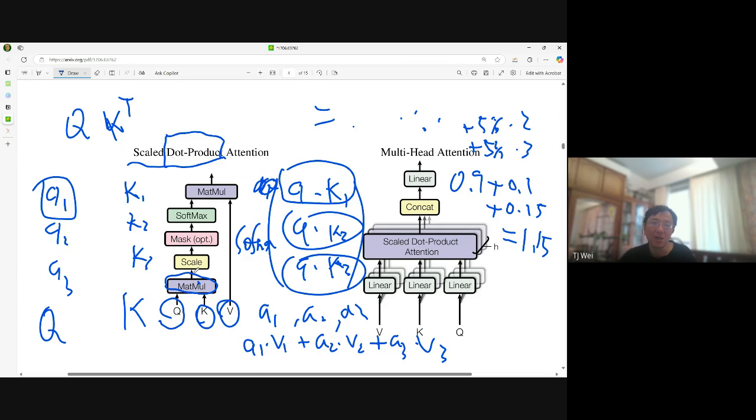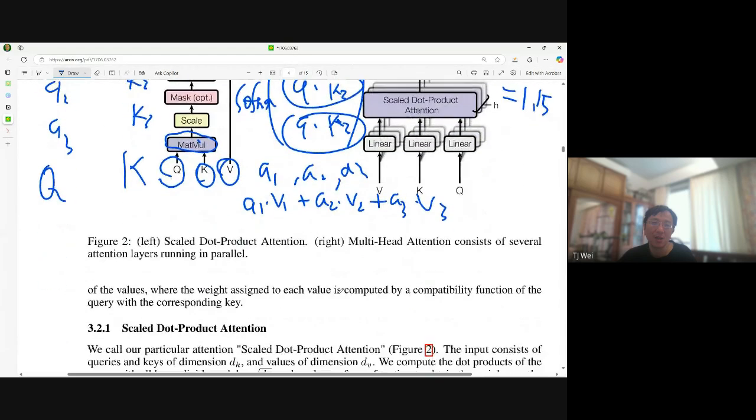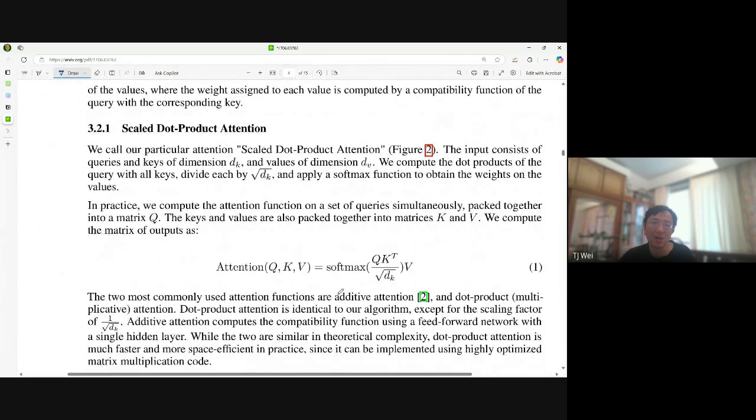The only thing is that we have not mentioned the scale. So let's look at the formula. If we ignore this part, QKT is simply the dot product of the query and the keys, and the softmax works for each row.